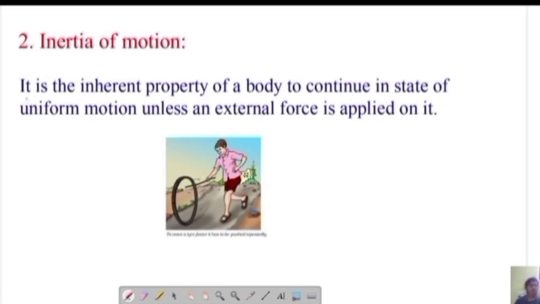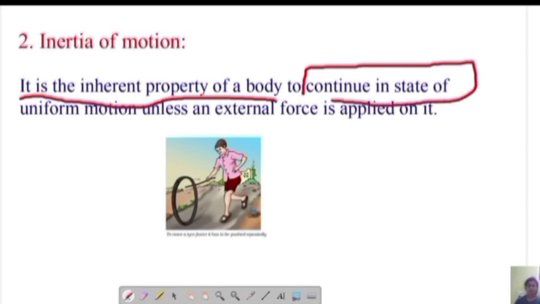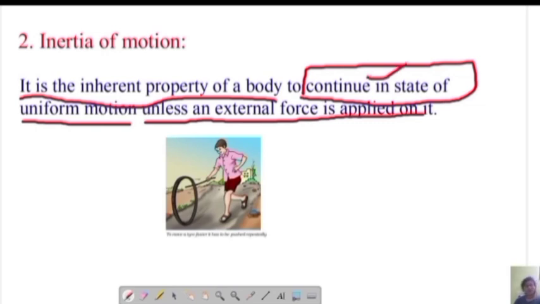Let's know the definition of inertia of motion. It is the inherent property of a body to continue in state of uniform motion until and unless an external force is applied on it. So a body will be continuing in state of uniform motion unless an external force is applied on it.